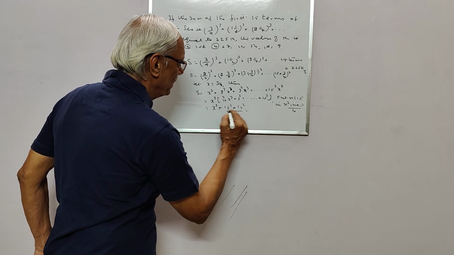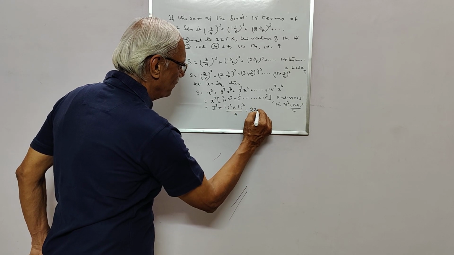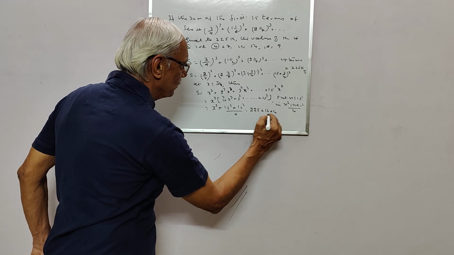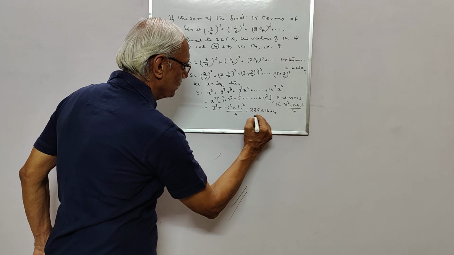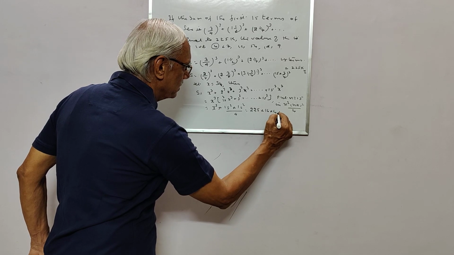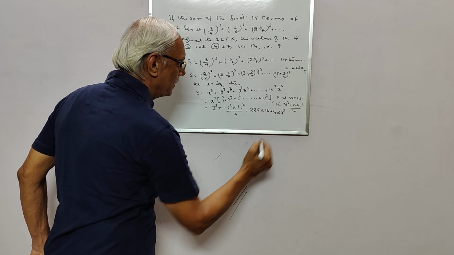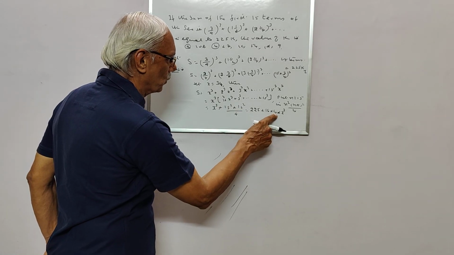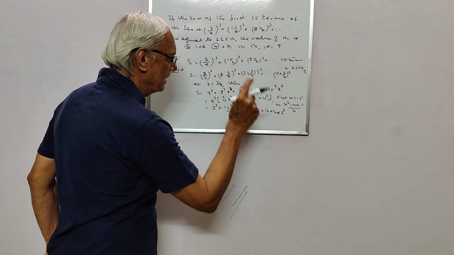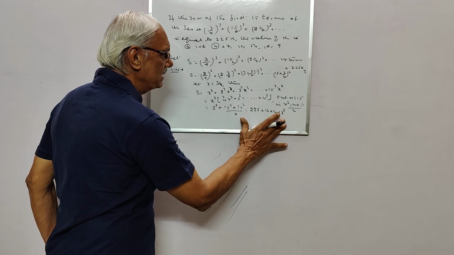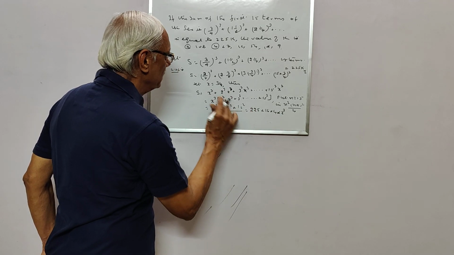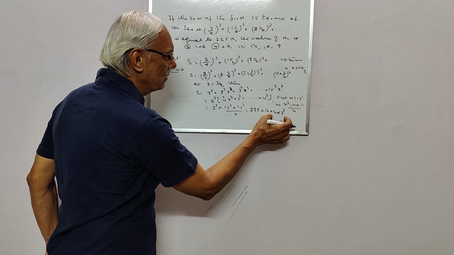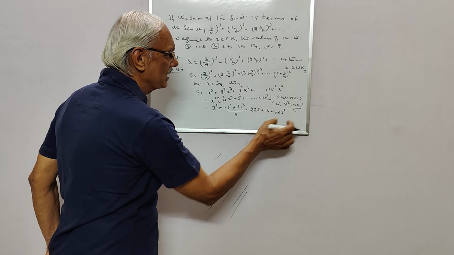This is 225 into 16 squared over 4. The 4 and 4 cancel, giving 4 and 16. Now this is the value for this particular summation: 225 into 16 into 4.